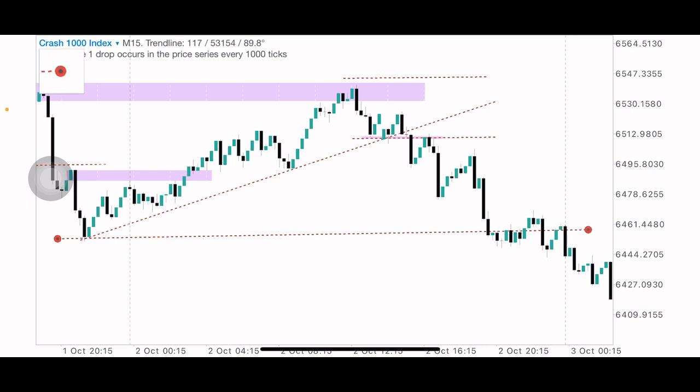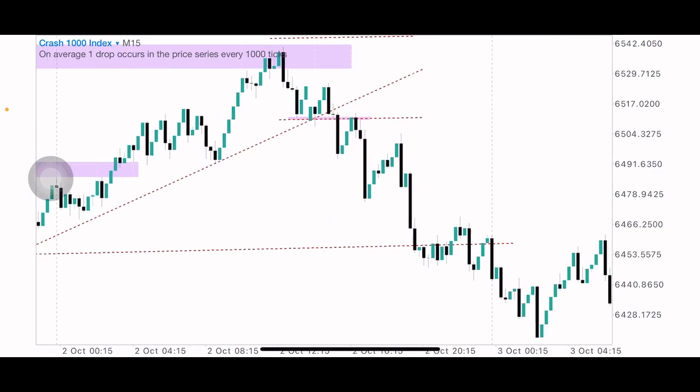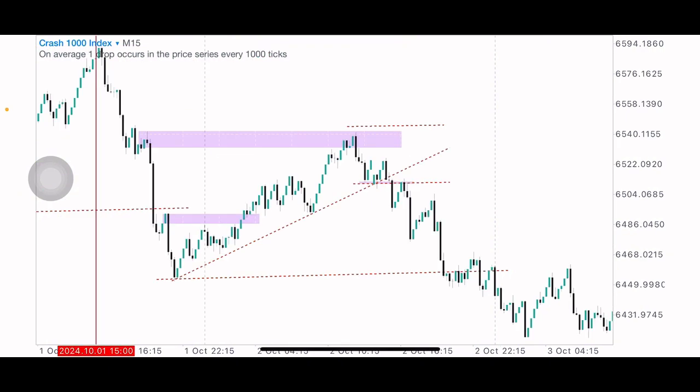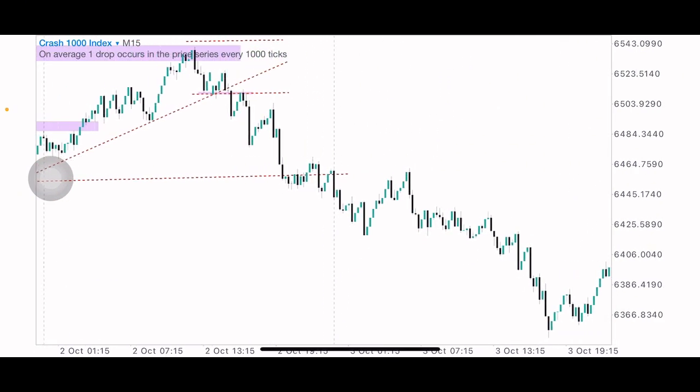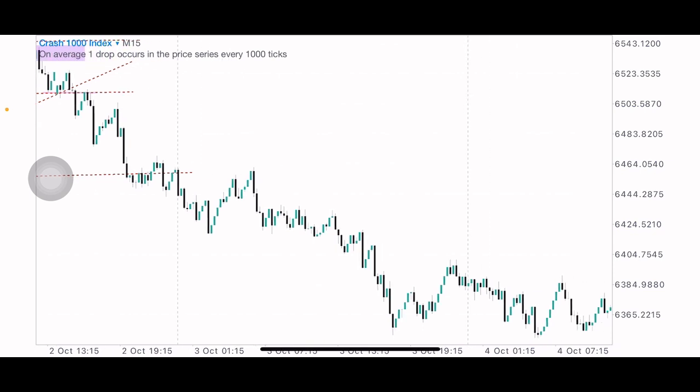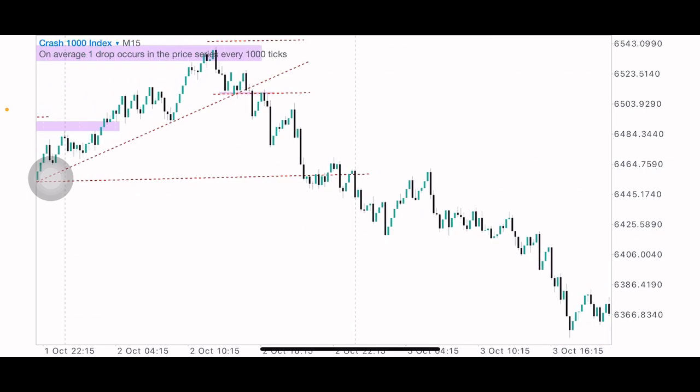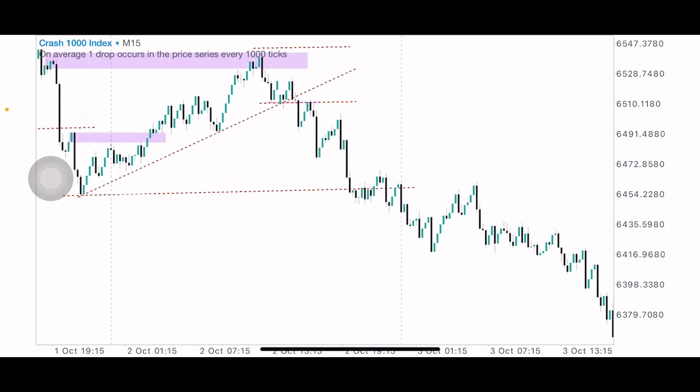Then you close 2 positions there, and you can allow 1 position to continue running. And you can see this is the result. Massive cash out, massive drop. Price drops massively, guys. This is the simple magic you need.